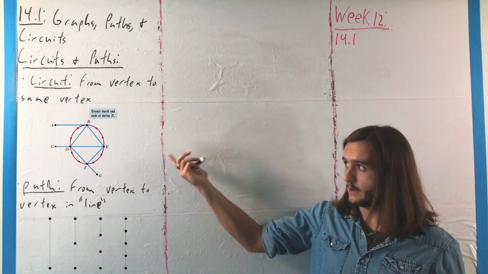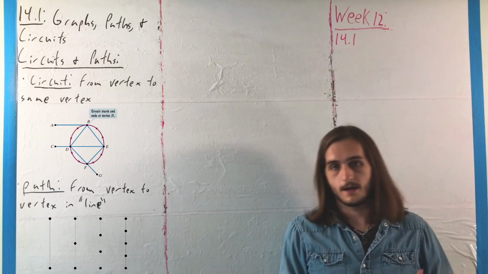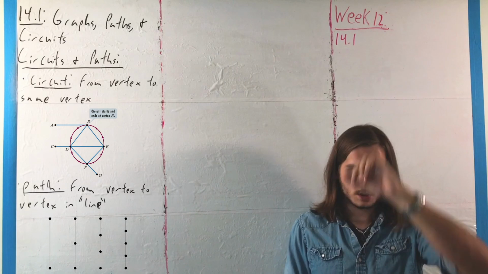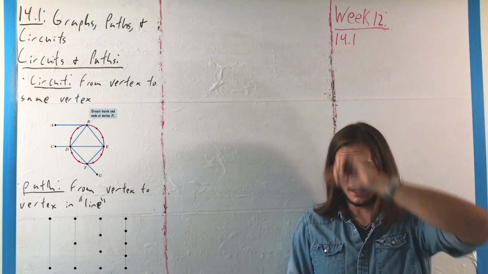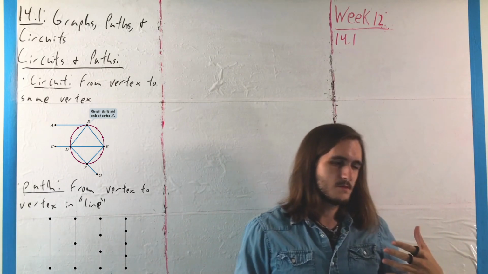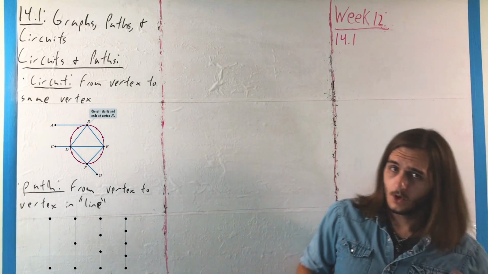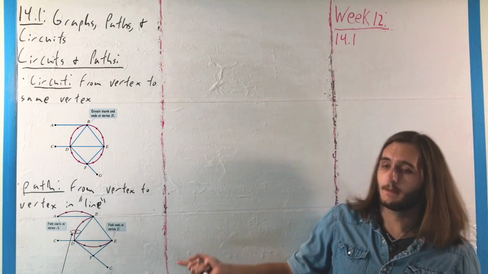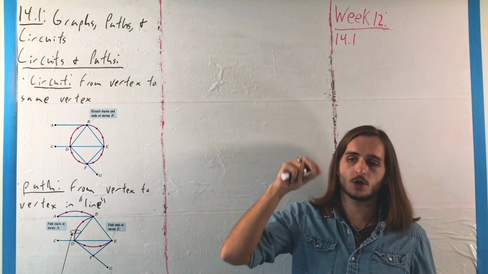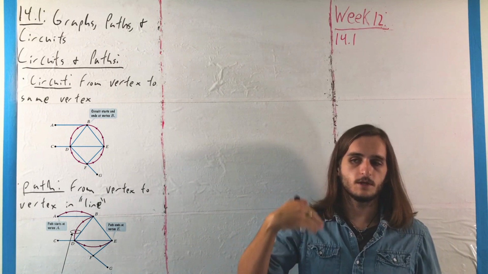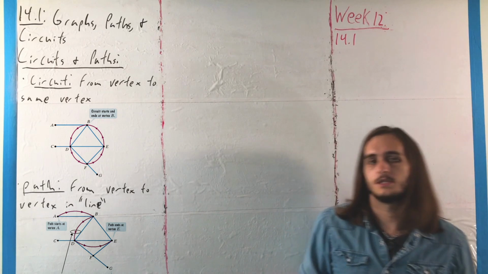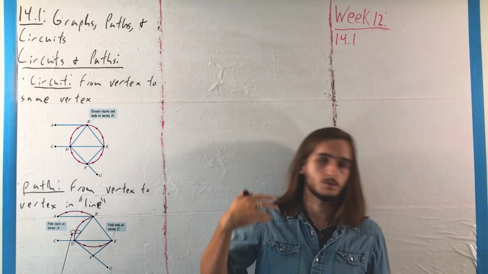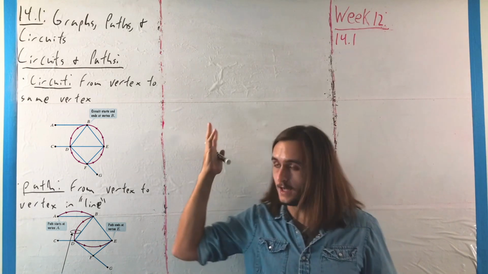Also, if you're thinking about it in that way for our circuits, we have n vertices and n edges, exactly because we're talking about just taking one thing and getting back to it in the shortest way possible with that number of vertices. And for a path, we're talking about taking something and going somewhere else in terms of the shortest number of edges that we possibly can, in terms of a straight line, as it were. This is what we call a path versus a circuit.